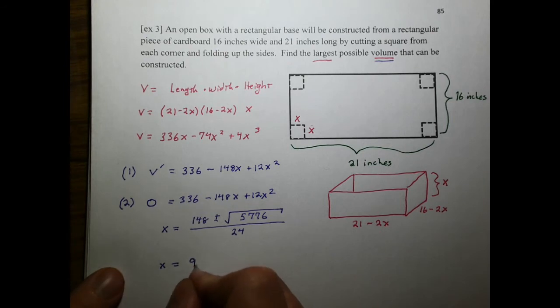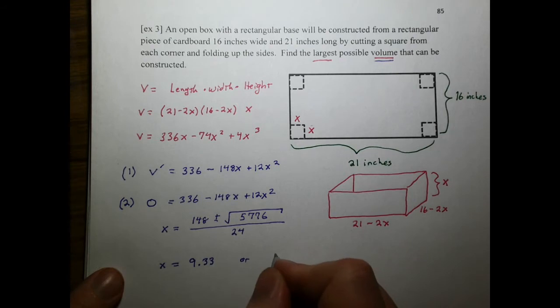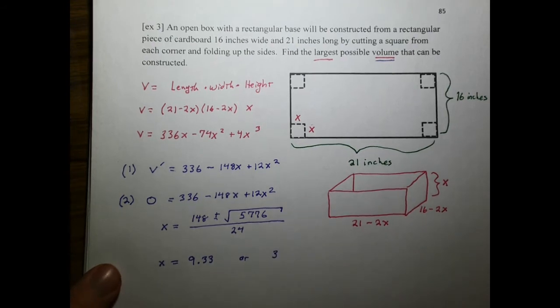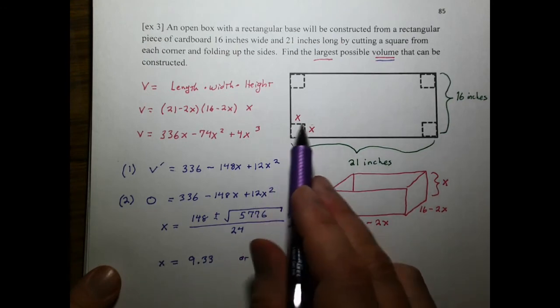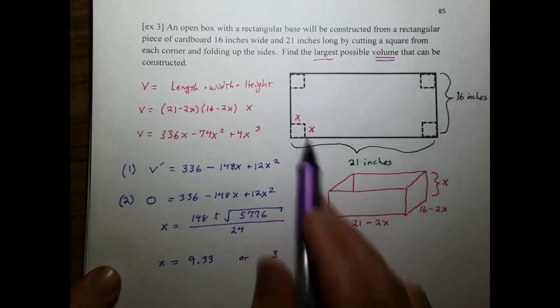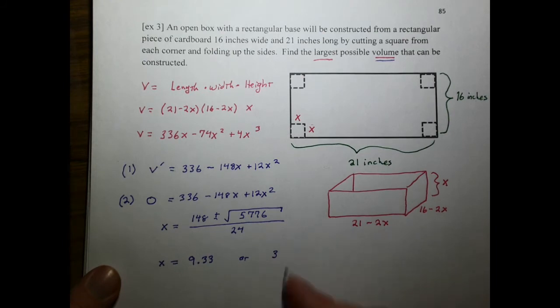And if you check this out, you should get 9.33 or 3, depending on whether you use the plus or minus. Now, since this is what x is, this is going to be the number of inches that we cut out of the corners of this piece of cardboard.